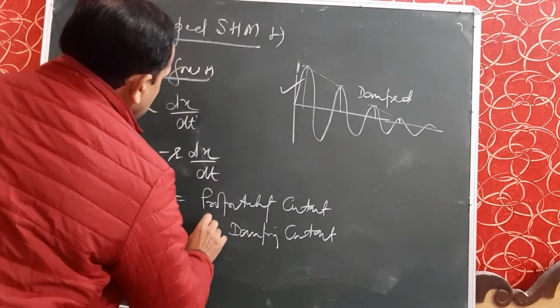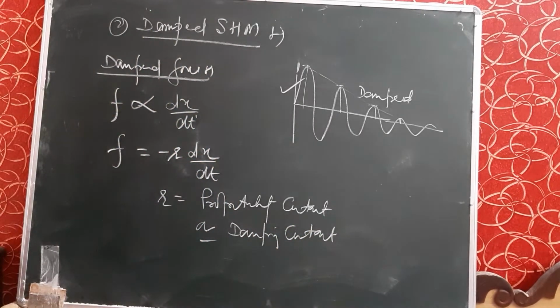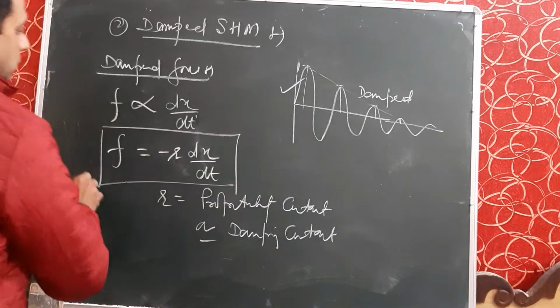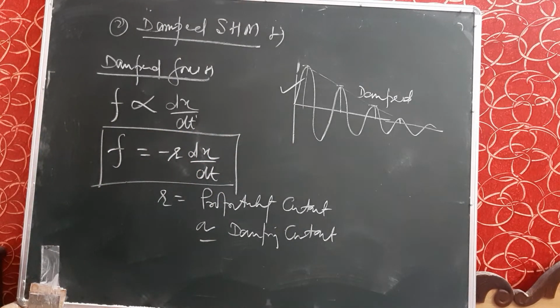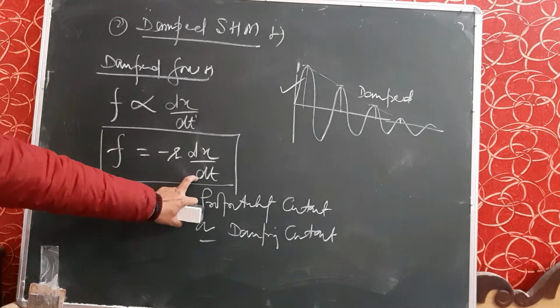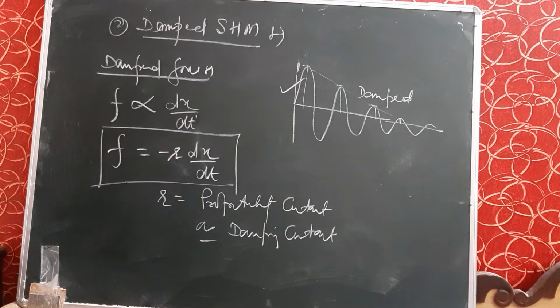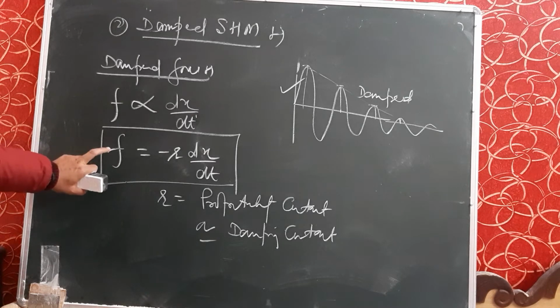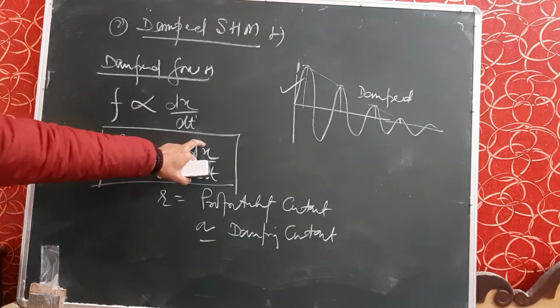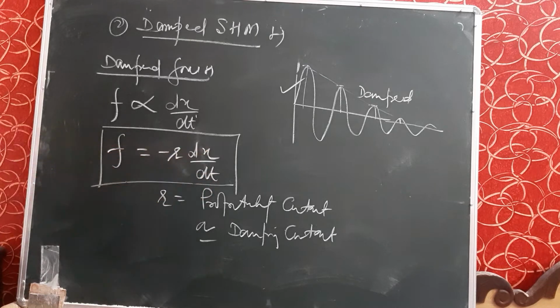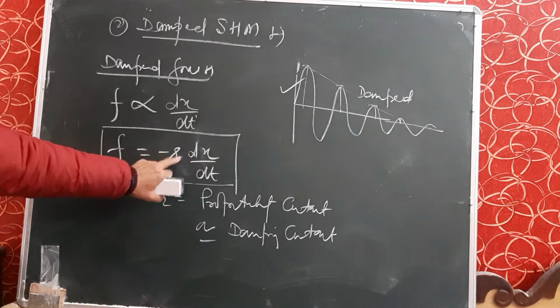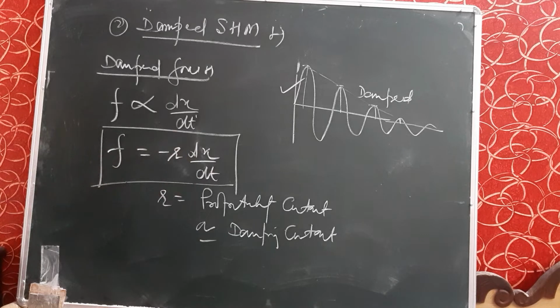I think we have not studied a force which depends on velocity before. We have studied many formulae for force, but this is a new formula in which the force depends on the rate of change of displacement. So it is minus r into dx upon dt. So this is the damping force.